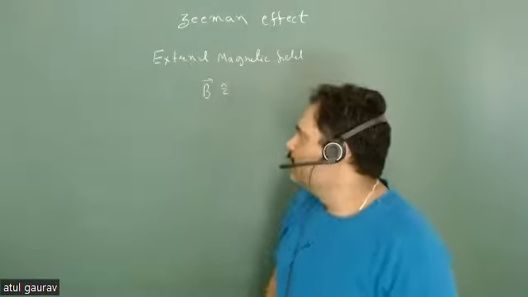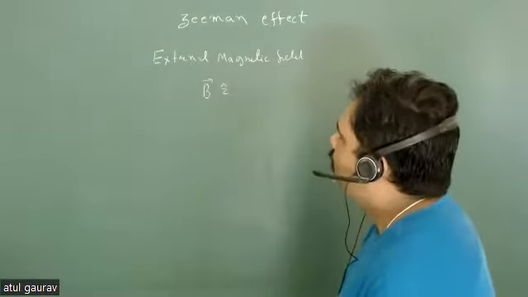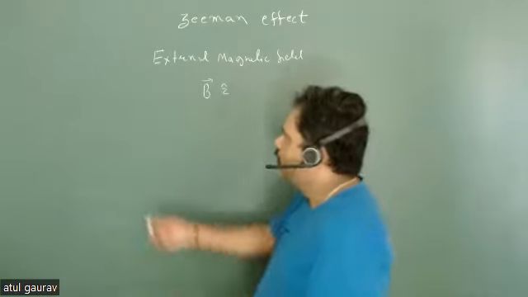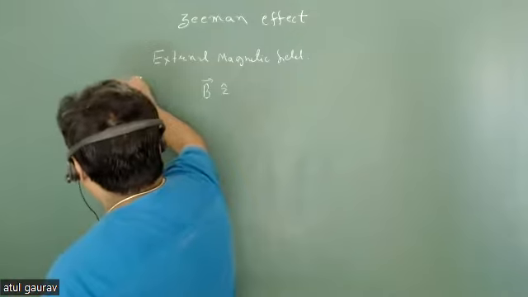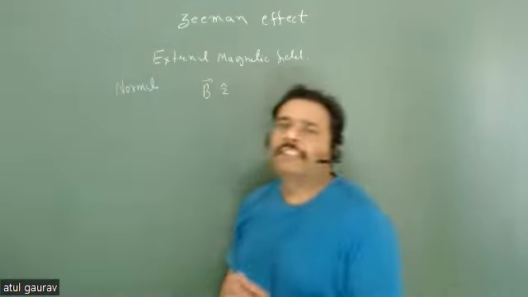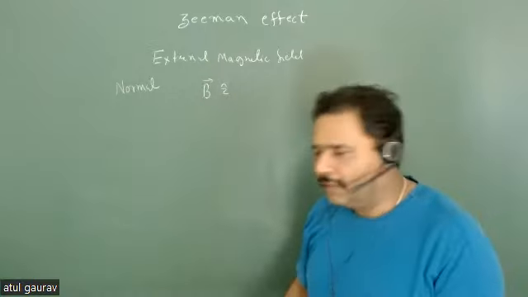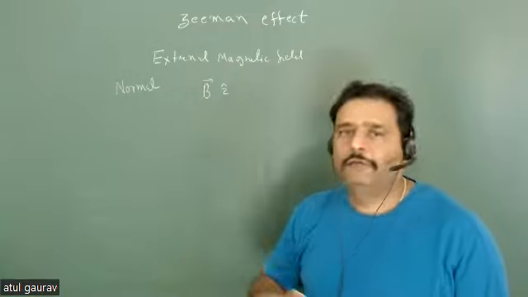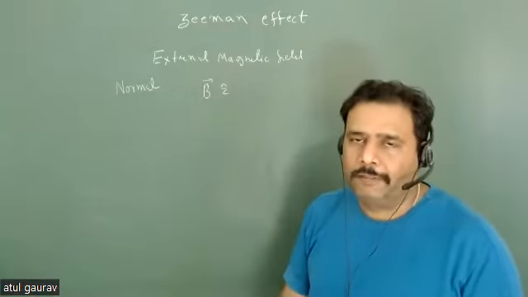We can solve it easily because we have done quantum mechanics in a very nice manner. For the normal Zeeman effect, we are ignoring the spin of the electron, so there is only the orbital angular momentum.